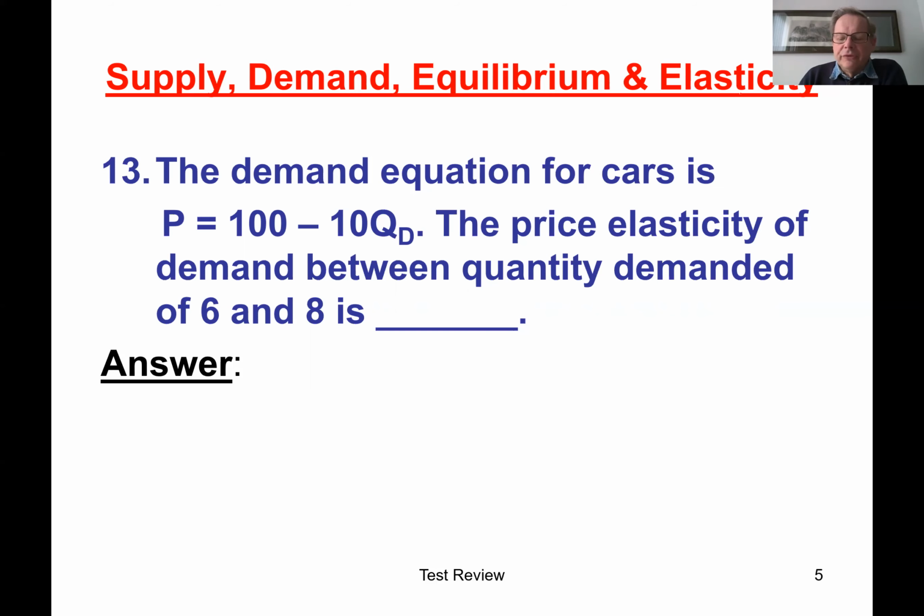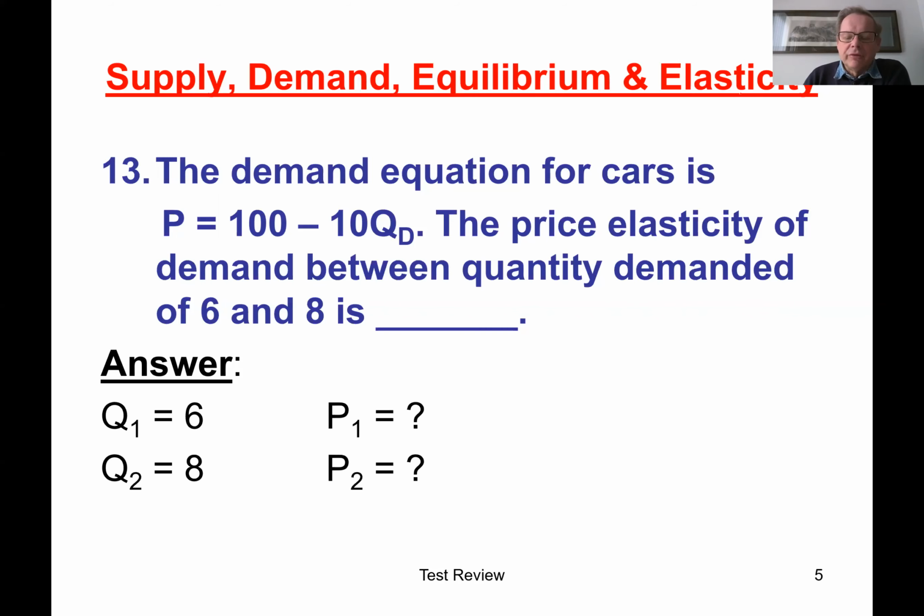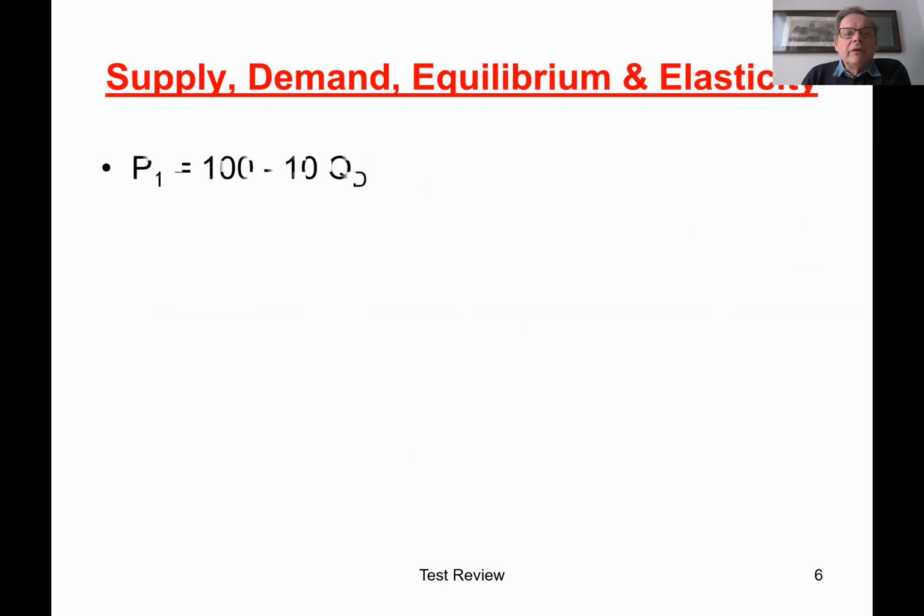So what we're going to do here is record the information that we're given. Quantity 1 is equal to 6, quantity 2 is equal to 8, and we want to determine what the price is for each of them. Price 1 is equal to 100 minus 10 times quantity demanded. We substitute quantity 1, which is 6.